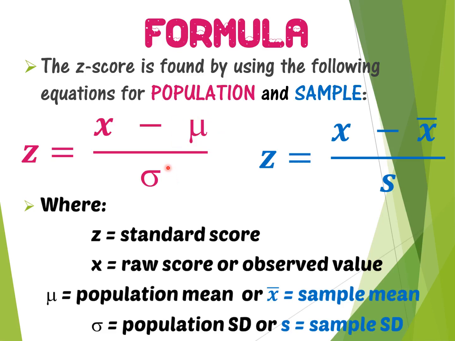For the population standard deviation, you have sigma, and for the sample, you have the symbol S. Z is your Z-score or standardized score, and X here represents your raw score or observed value. So either formula, you can use it. Just be careful with the symbols that you use for population and for sample.